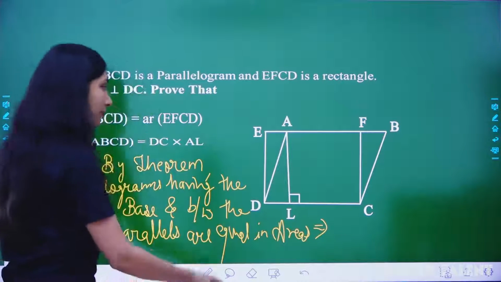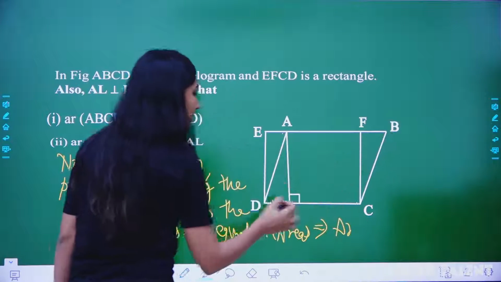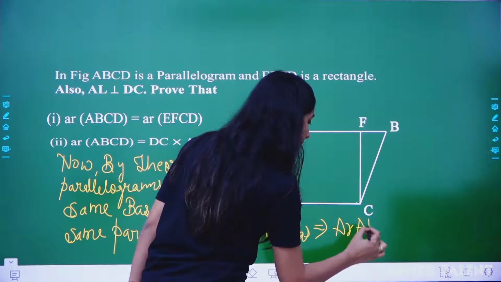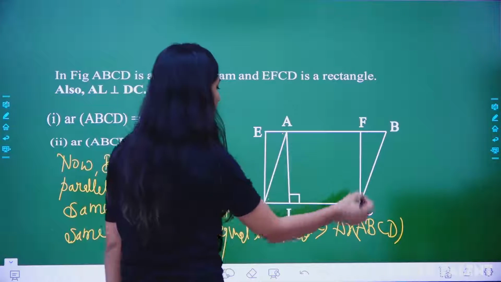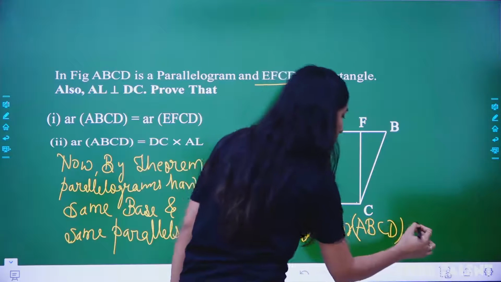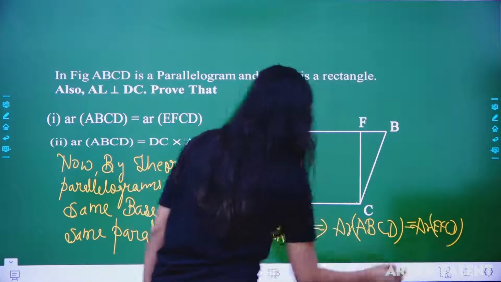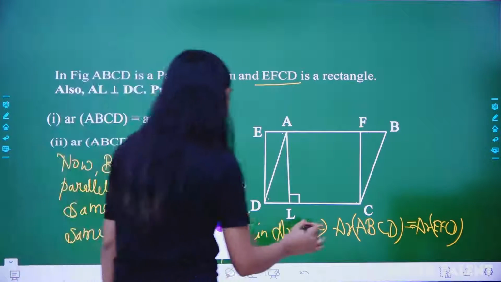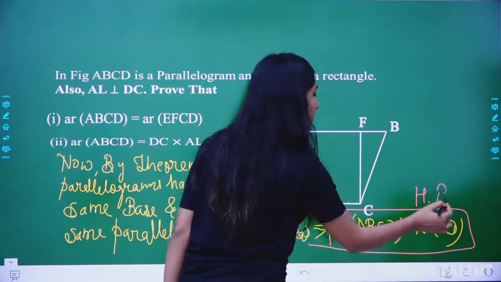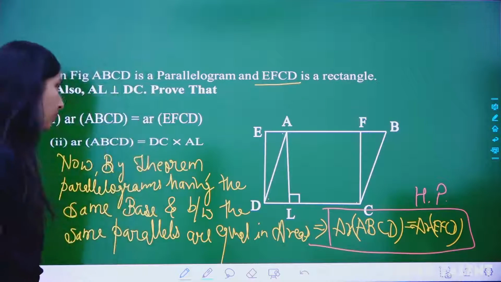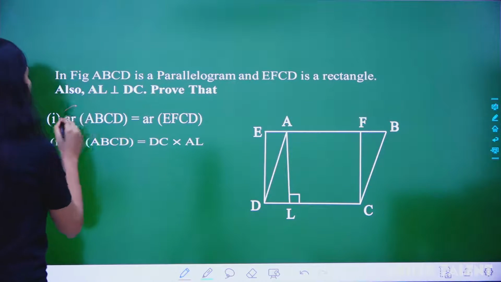This implies simply that area ABCD is equal to area EFCD. Okay, so the first part is very simple to prove, right? So the first part we have proved.